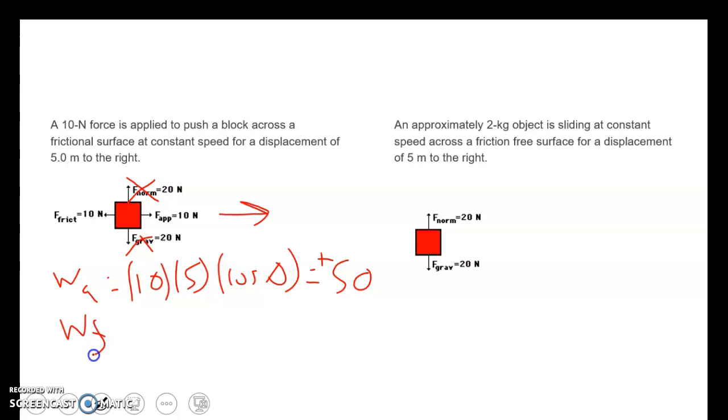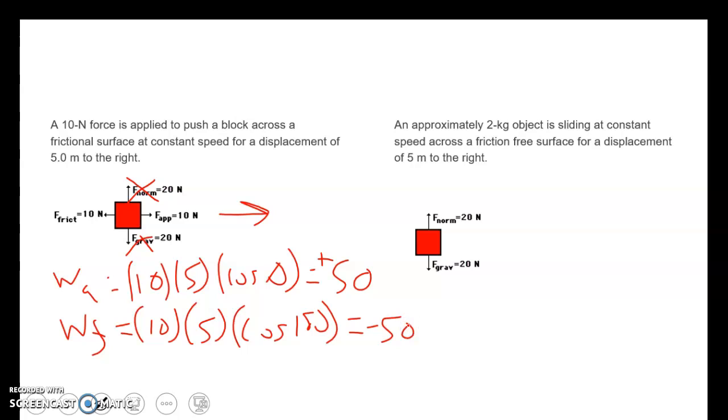And then the work due to friction, which is 10 times 5 times the cosine of 180, which is negative 1, which means we get negative 50 joules. So net work will be 0, but we're doing positive 50 to the right and negative 50 to the left.